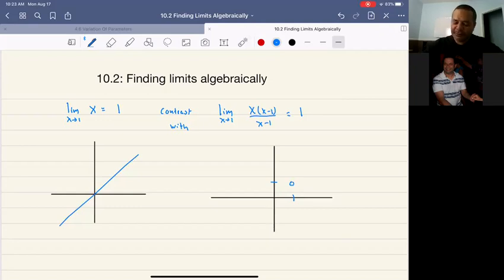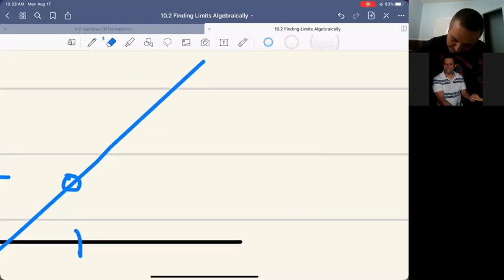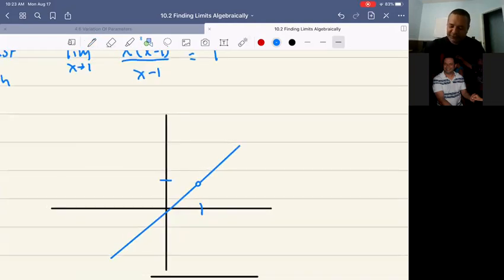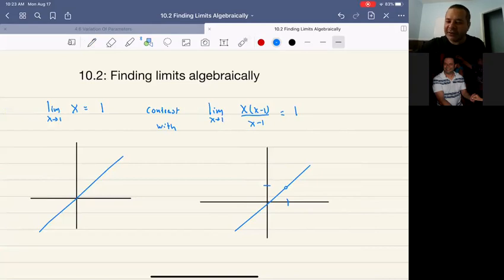We have a hole there, and other than that, it's the same thing. So just keep in mind the slight difference between them. I need to get that hole a little better. There we go.